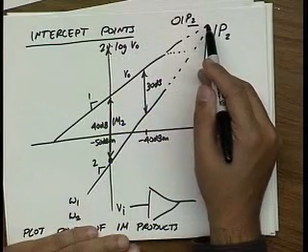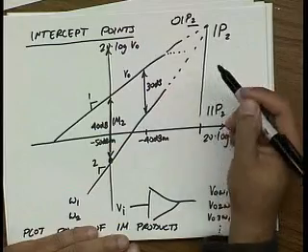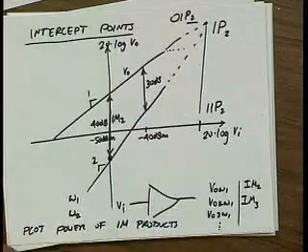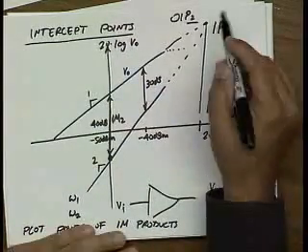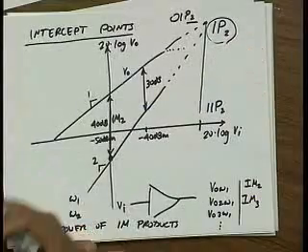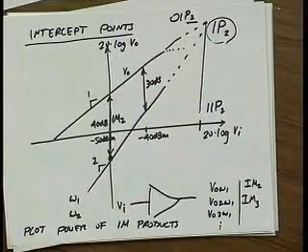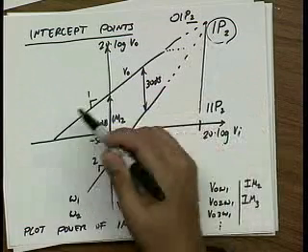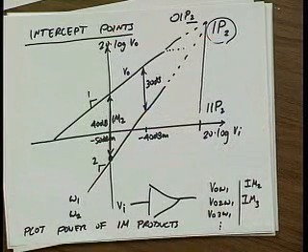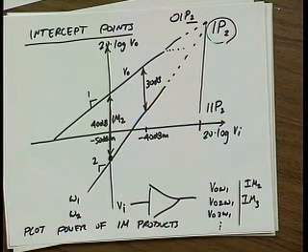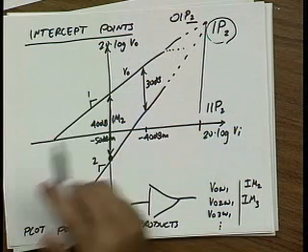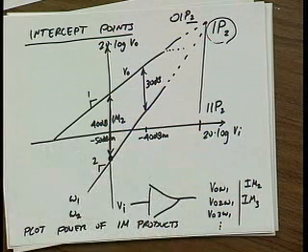I have the intercept point, right? Now, the reason that intercept point is so popular is that if I know the intercept point for the amplifier, it's kind of a universal number. I can now predict the distortion at any given input power level. So I just need to specify one number, IP2, let's say input IP2, and then you, as the user of this amplifier, can figure out how much distortion you're going to get for any input power level.